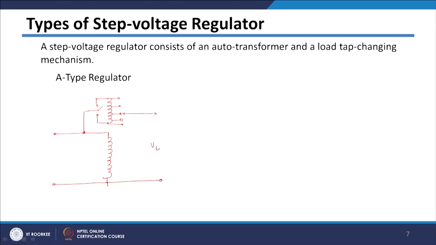This will be your VL, the load voltage, and this will be your VS, the primary voltage. The current which is coming is IS, the current which is going to the load is IL, the voltage across this winding is E1, the voltage across the regulating turns which are coming into the circuit is E2, the turns are N1, the turns of this are N2, and the current through this winding is I1.